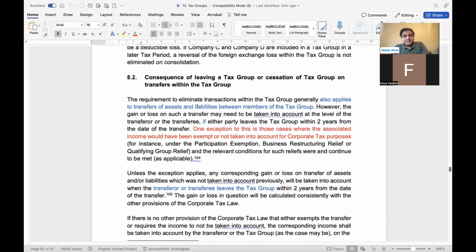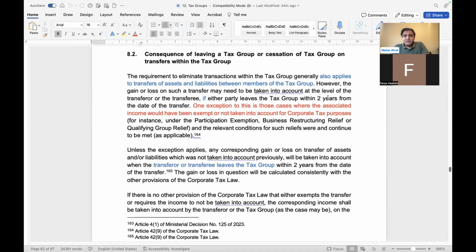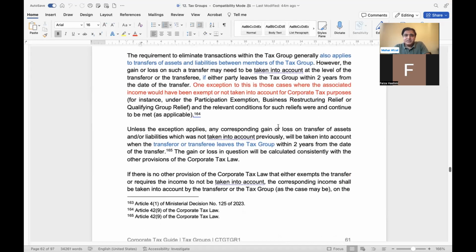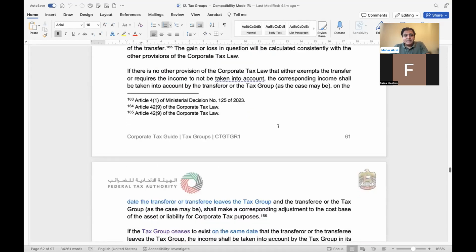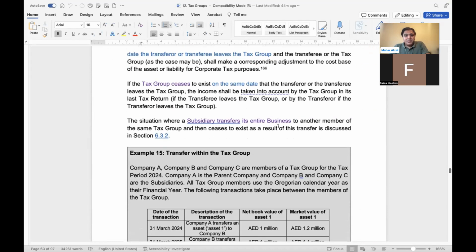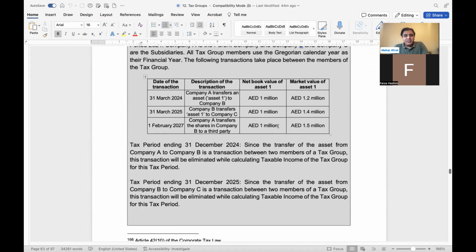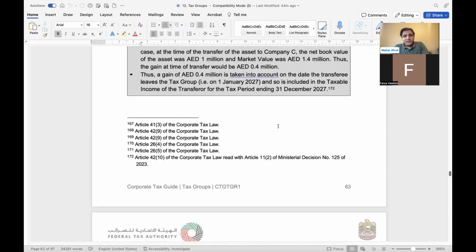The requirement to eliminate transactions also applies to transfers of assets and liabilities, but if the asset is transferred within 2 years from the date of transfer, then the clawback clause will be applicable, unless the gain is exempt or subject to any other condition of the law. We have discussed this example in detail as well, with company A and company B.